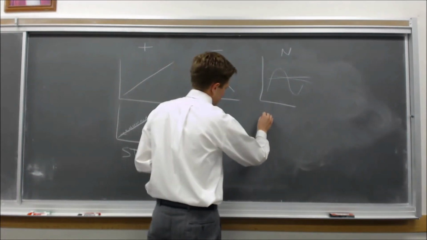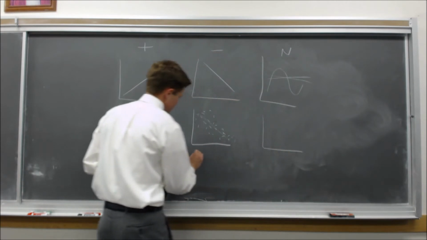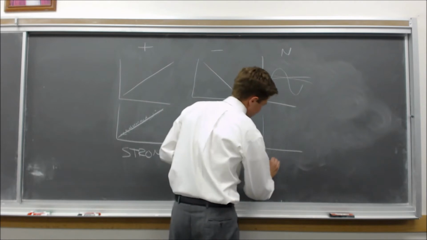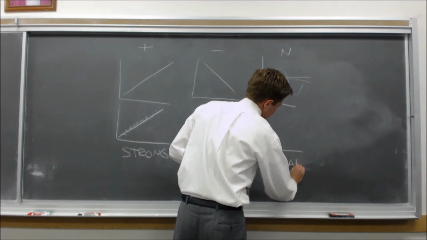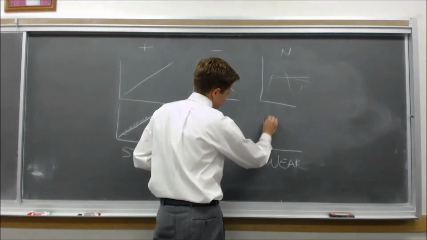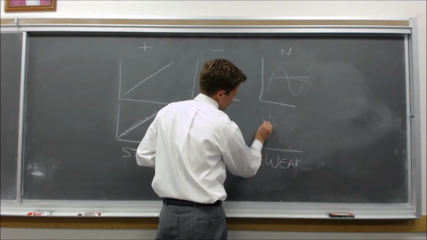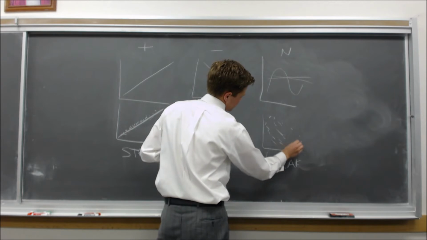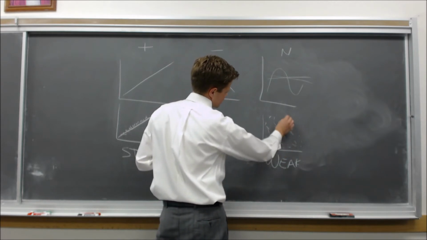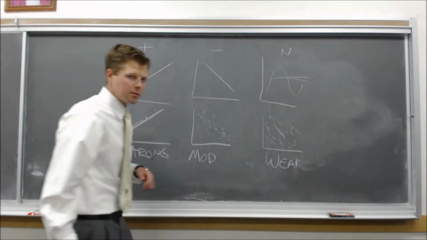Okay, and then, so if we call this moderate and then weak, a weak correlation would just be a correlation that's barely there at all. You may call it negative because there's not too much in the corners there, but that would be a weak correlation.